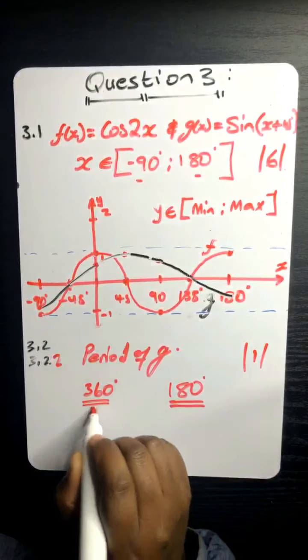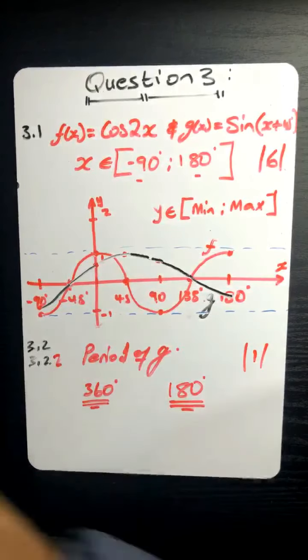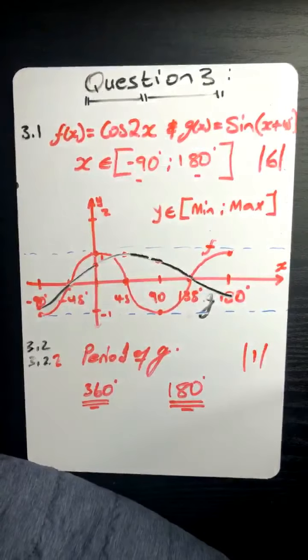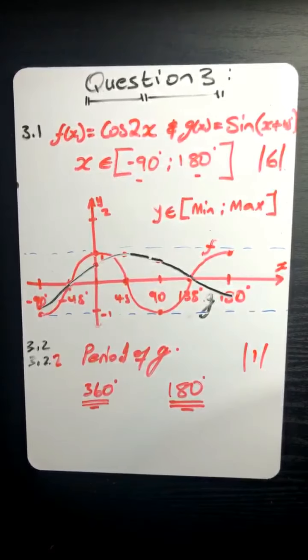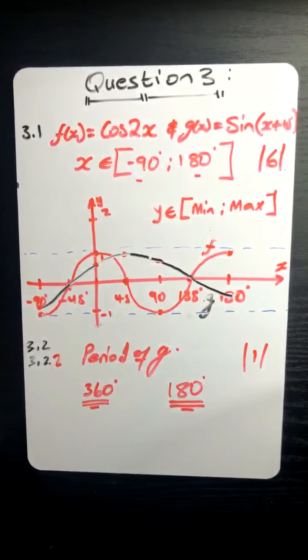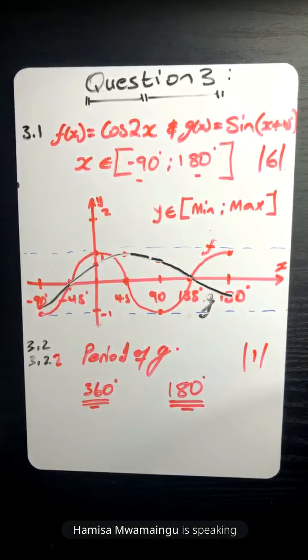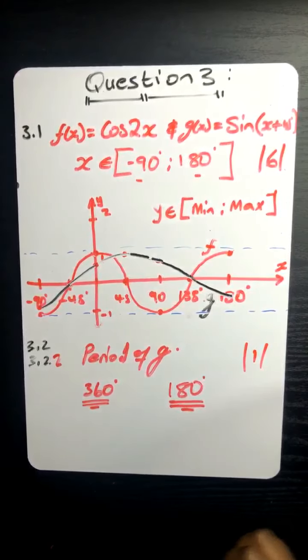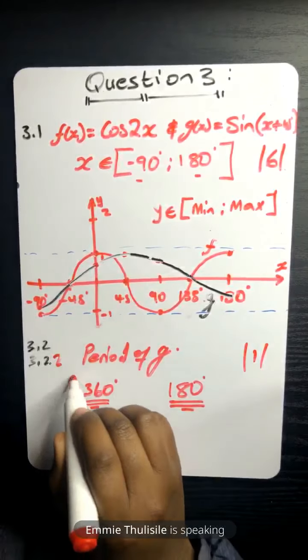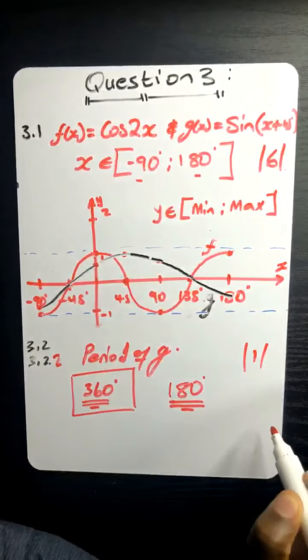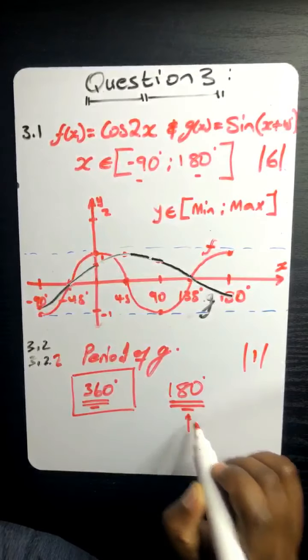Can you explain how did you get to 360 and the other one, how did you get to 180 degrees? The period of sin is equal to 360. It cannot be 180 because there is no number after the sin that's outside the brackets. Okay, it's true, point taken. What about the 180? What about that one?